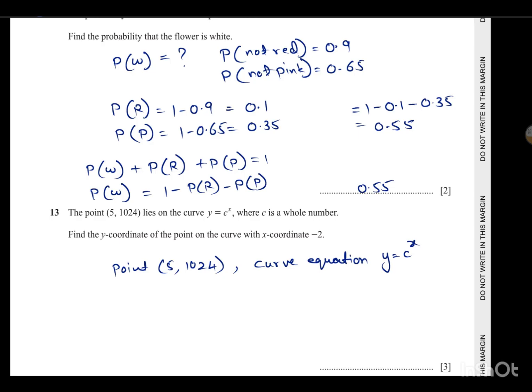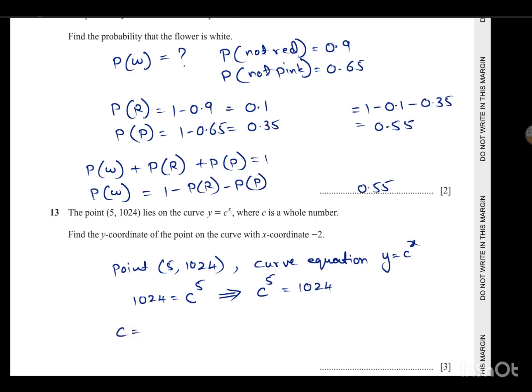Now because this point is on the curve, you can substitute the values of y and x in this. So write down y as 1024 and c we don't know, x we know, that is 5. Taking this, we'll find out the value of c. I'll flip the equation so that I can find the value. C raised to 5 is equal to 1024.